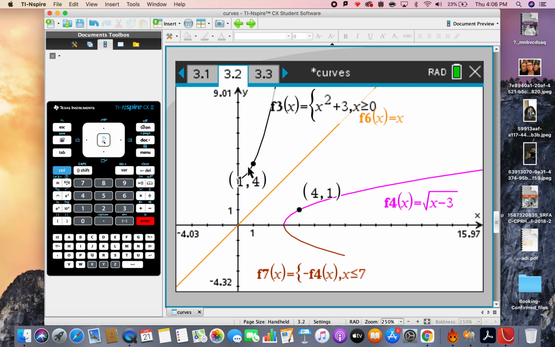We've turned this now into just one branch here, and if we just delete this branch altogether, and we delete this brown part, now we have the inverse relation is indeed a function.